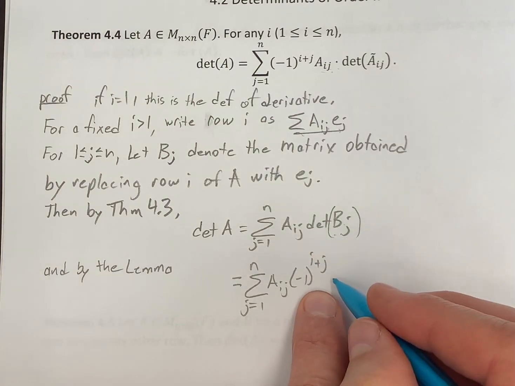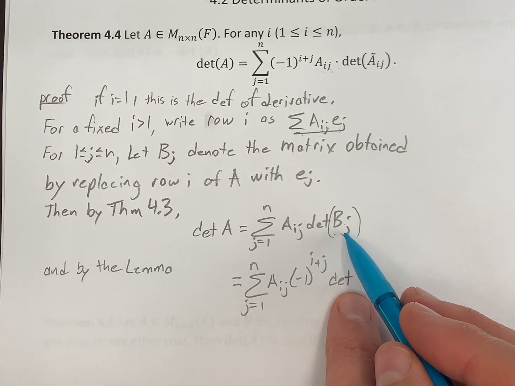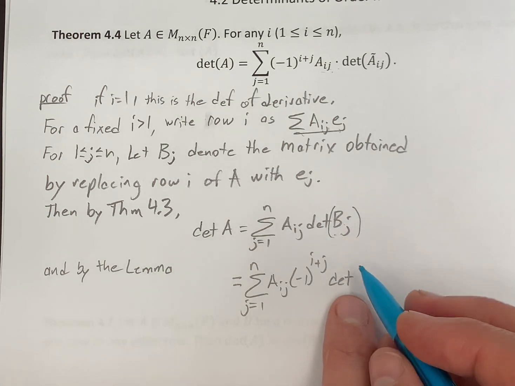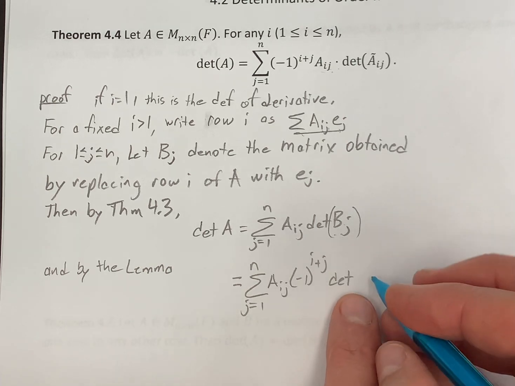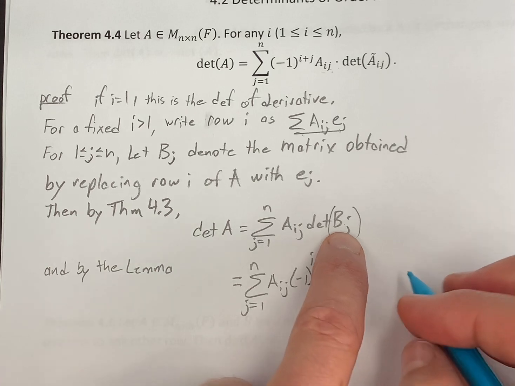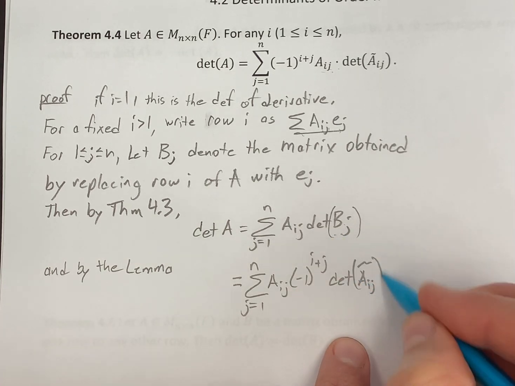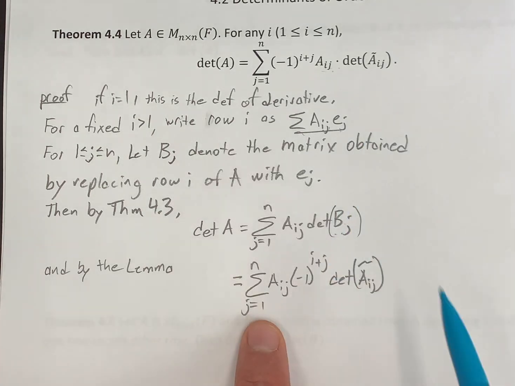This, by the lemma, is equal to that determinant. Now think about it, I've just omitted the ith row and the jth column, so that's the ij minor of B_j, which is also the ij minor of A, right? Well, but that was the result we were trying to get to, okay?